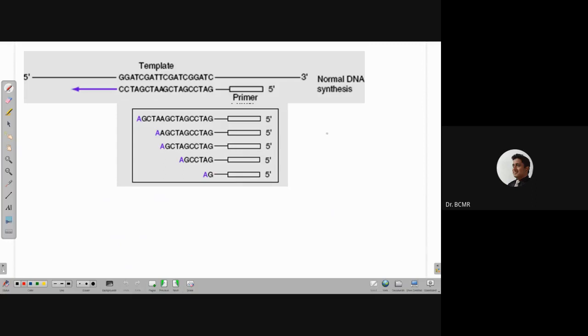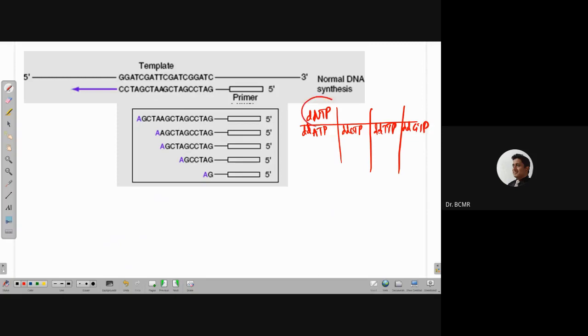They have formulated the whole scheme using 4 different reactions. In all the reactions, they will add all the dNTPs, polymerase, everything. But in one, they would have added dideoxy ATP. In the second one, they might have added dideoxy CTP, dideoxy TTP, and dideoxy GTP.